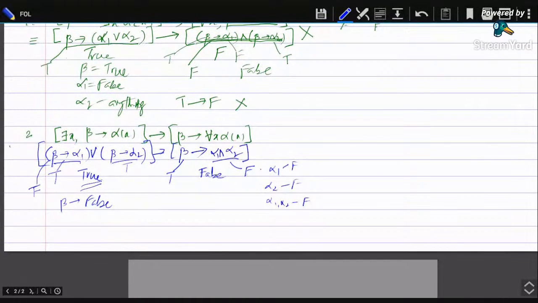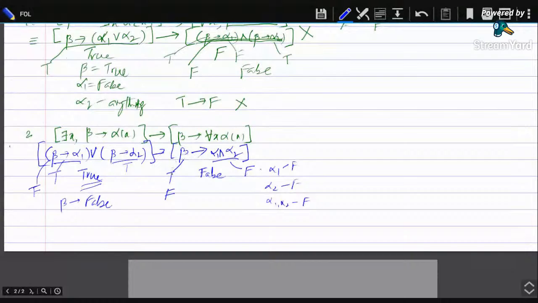What do you want on the right hand side? The right hand side to be false, and you have seen that the left side is true, and for making this false, the left hand side must be true. And for making this, you need the right hand side, this beta, to be false.